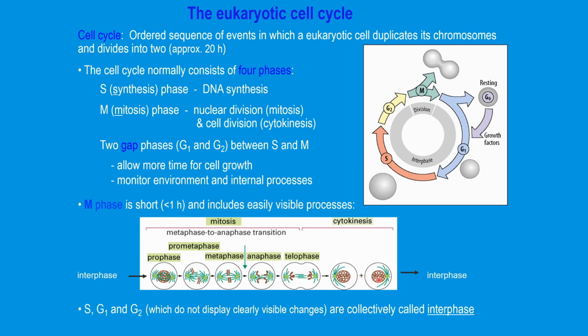And then the DNA starts to expand again, and the cell enters into interphase. And interphase is thought to be the S, G1, and G2 phases generally, which do not display clearly visible changes.